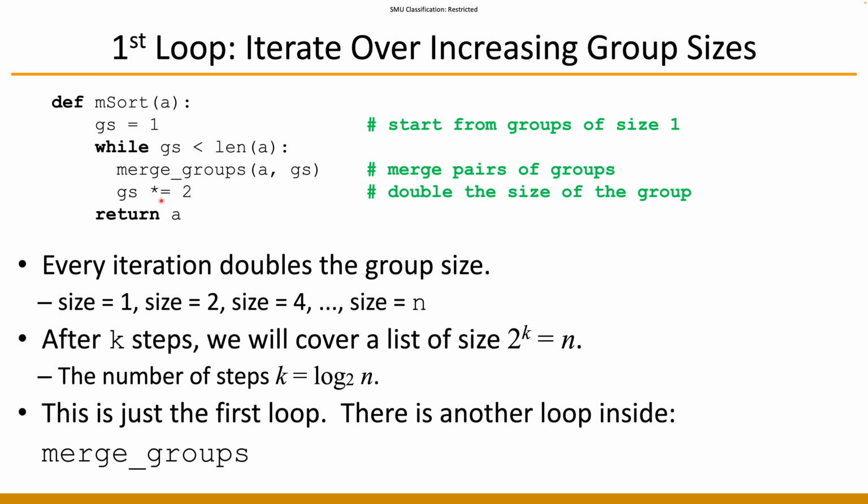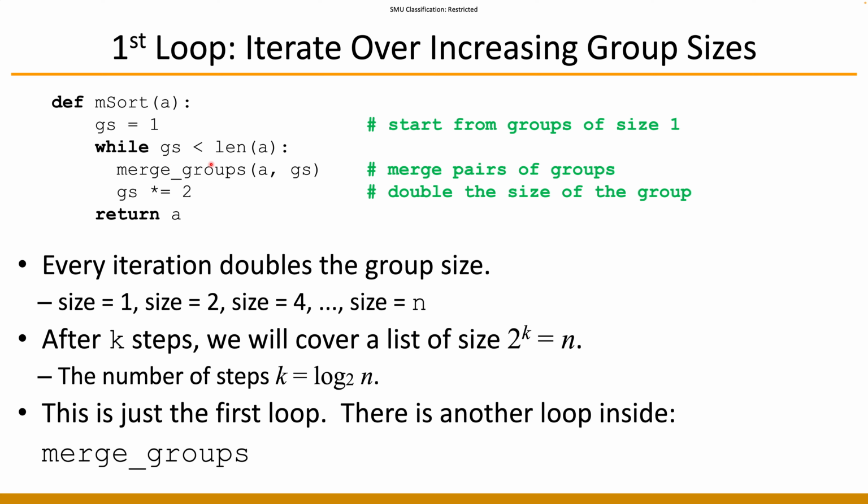And then you merge the groups by specifying the GS. The major thing we'd like to highlight is that we specify a GS starting from 1, and we use the merge group function to execute the actual step of merging 2 groups of size GS into 1 group with the size of 2 times GS.